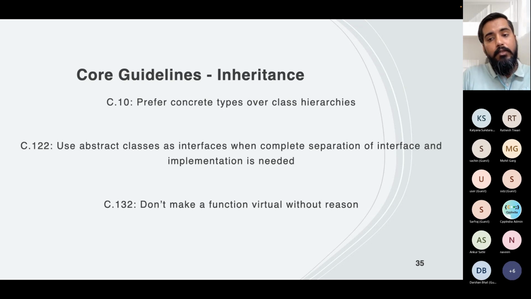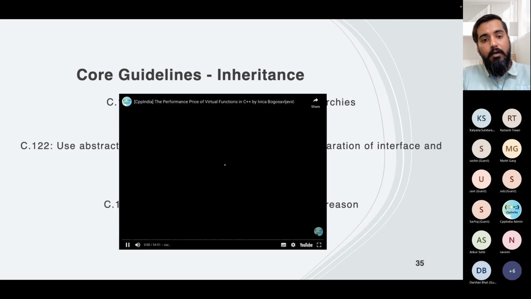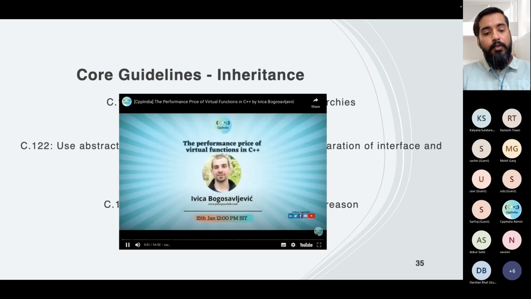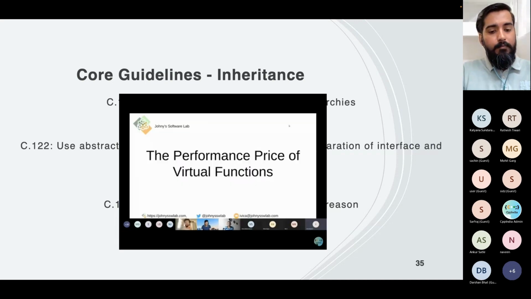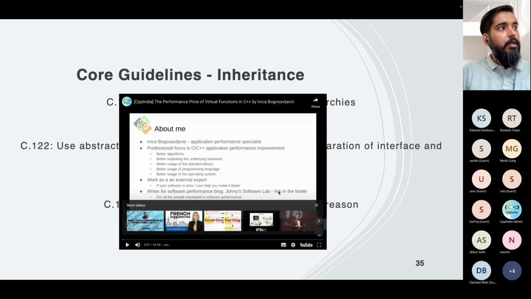There is a very good talk by Ivica on this topic, in which he talked about the performance price of virtual functions. I'll suggest you look into that before you start using virtual functions.